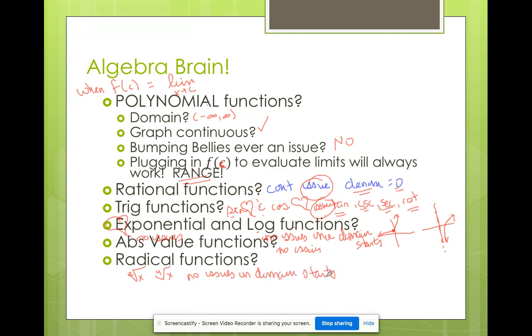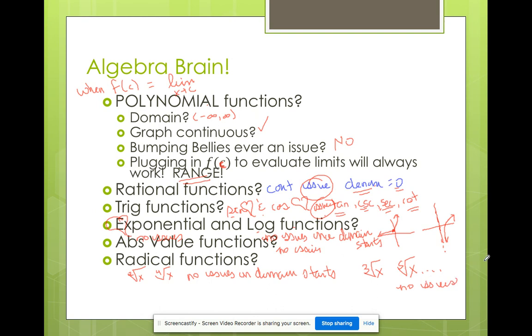The range is the limit. Odd radical functions, no issues at all. No discontinuities.